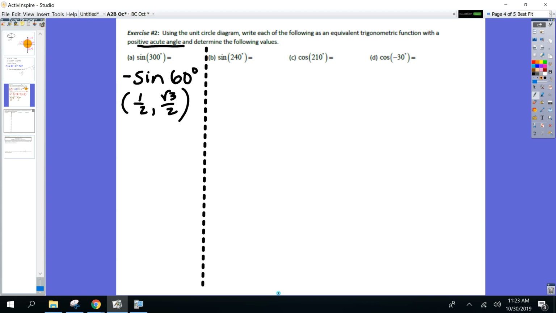The 1/2 or the radical 3/2? Why do I want the radical 3/2 versus the 1/2? Sine is what on the unit circle? Which coordinate? The y coordinate. So that's why I picked that one. The only thing I'm missing is what? I'm in the fourth quadrant. Sine is negative, so make sure we have a negative radical 3/2 there.